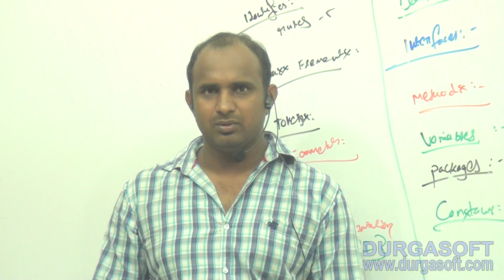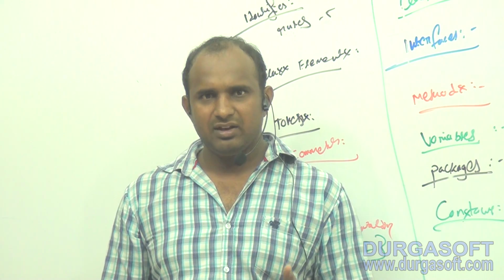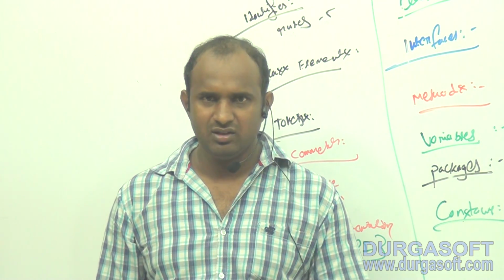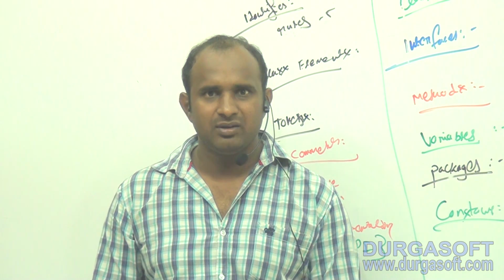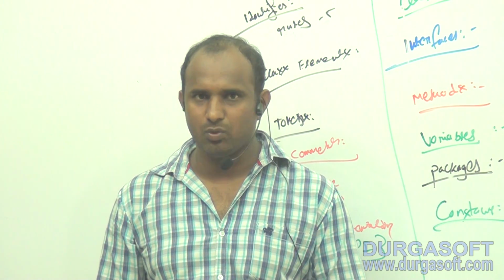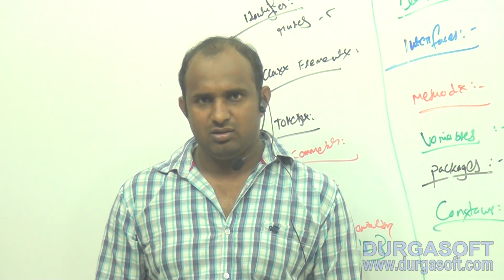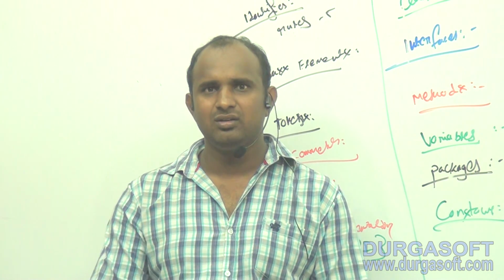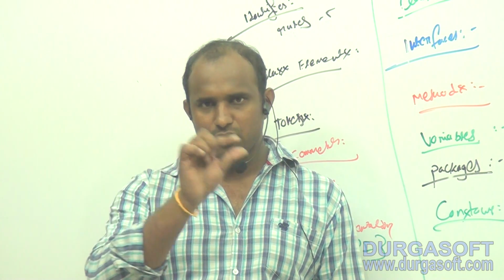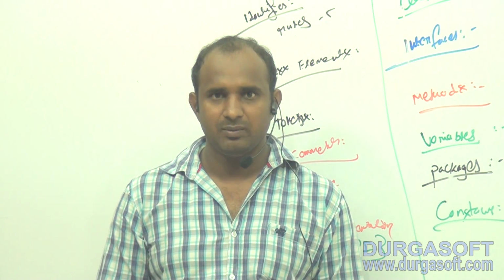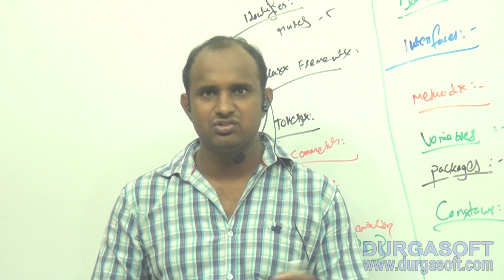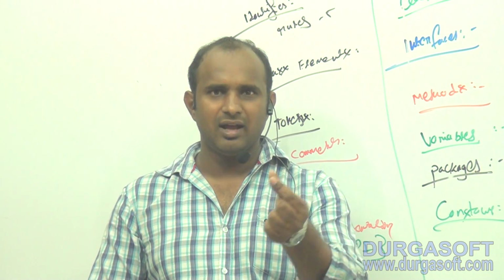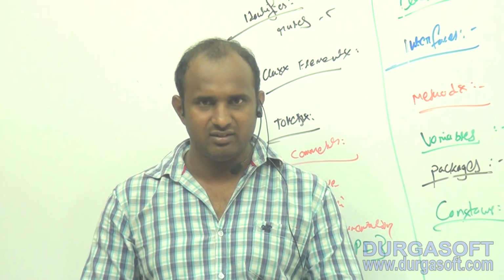One more example. For example, I developed one application for an engineering college, but the people at the engineering college don't know how to use that product, right? In that situation, I must deliver one user manual to the college. Based on the user manual, they are able to understand, oh, this is the login screen, this is the registration screen, this is the XYZ screen.